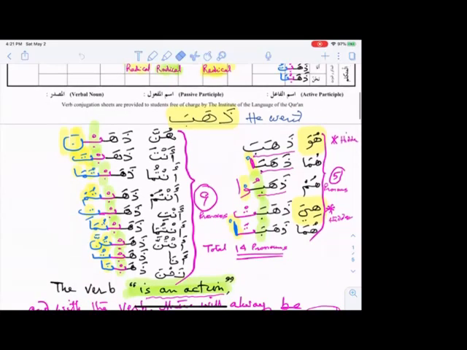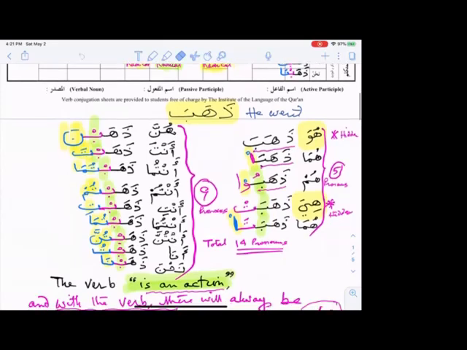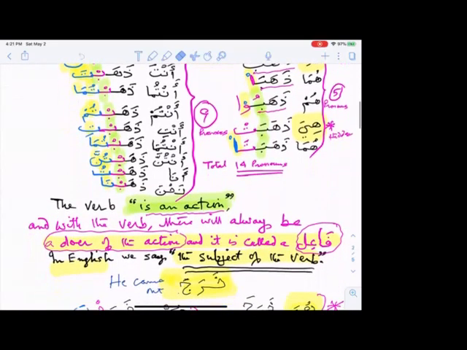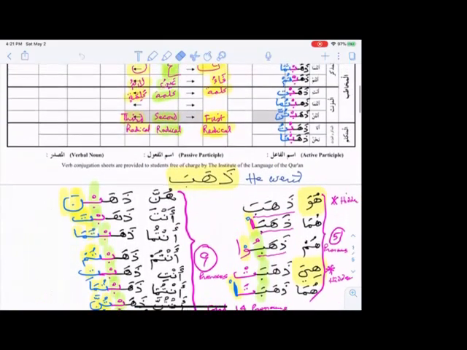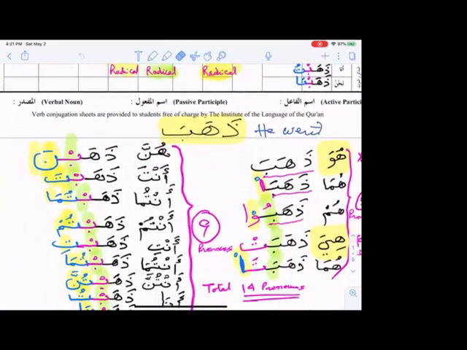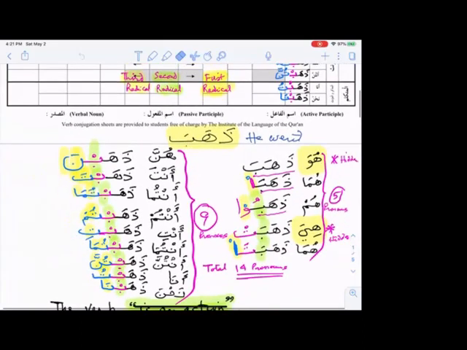So, you know, hua, huma, hum, we know pronouns. See, it is important to have a mastery of the pronouns in order to become master of verbs. Pronouns and verbs are in a way intertwined. They are intertwined, my brothers and sisters.